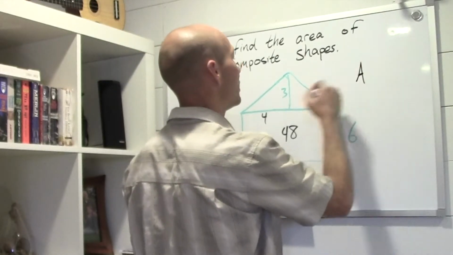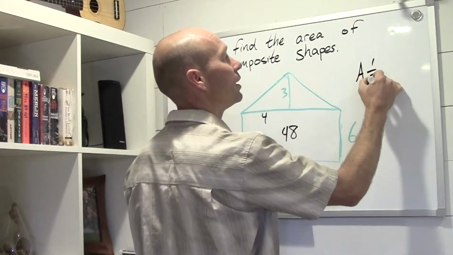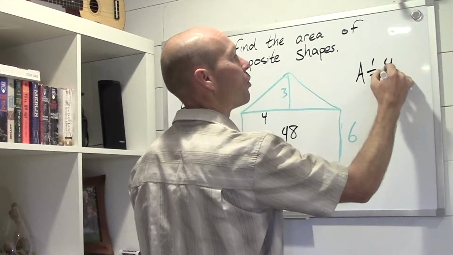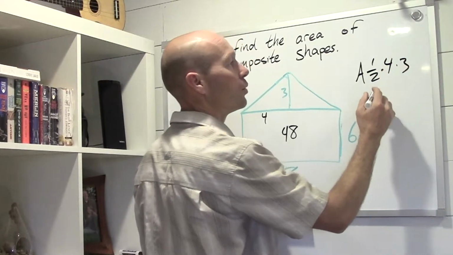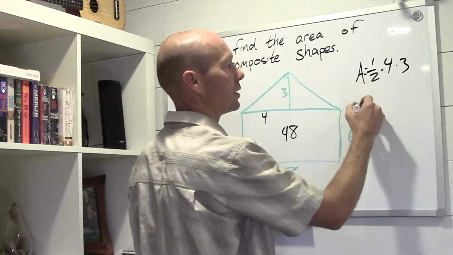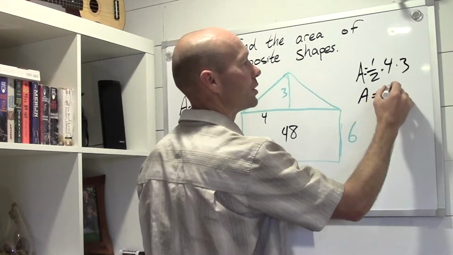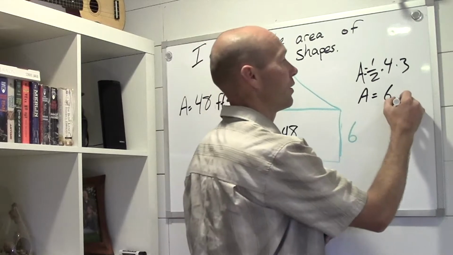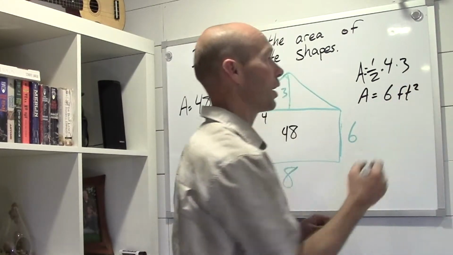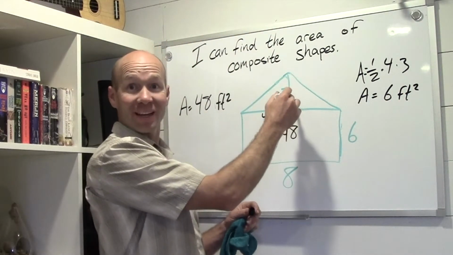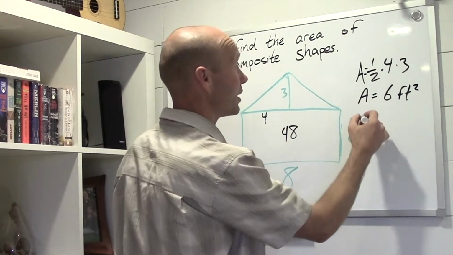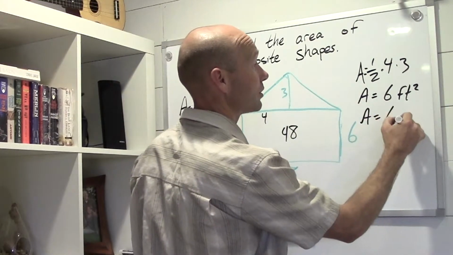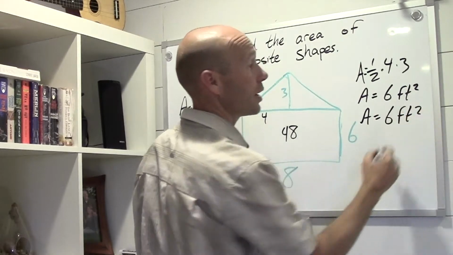So the area of the triangle is 1/2 times 4 times 3, which is area equals 6. Half of 12 is 6 feet squared. And this one is the same thing. So I've got another area equals 6 feet squared.